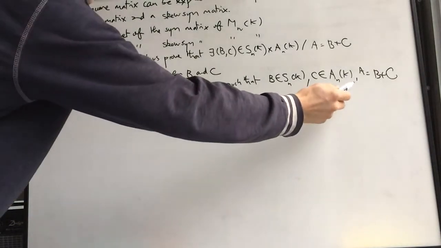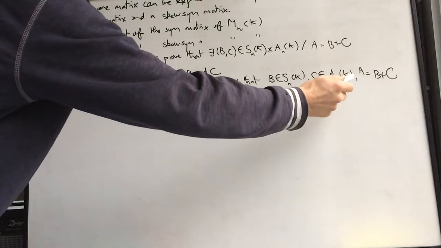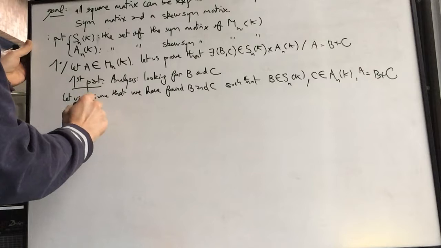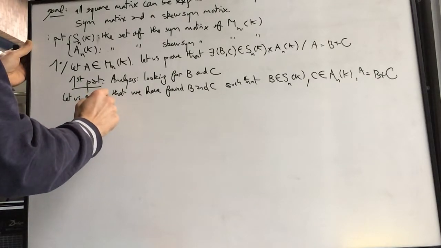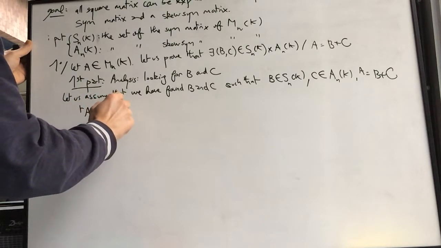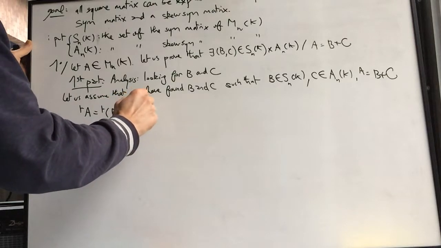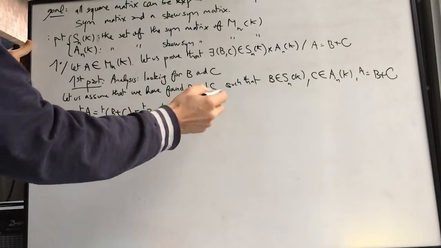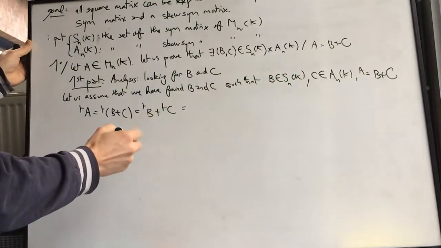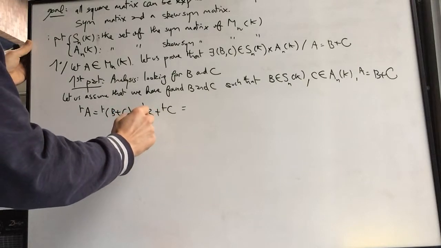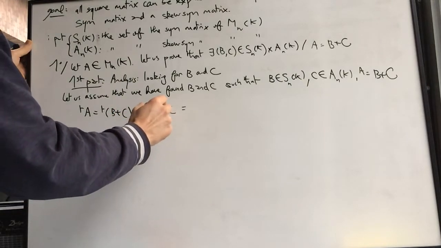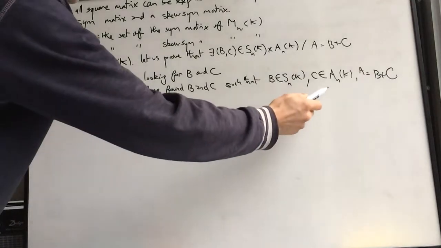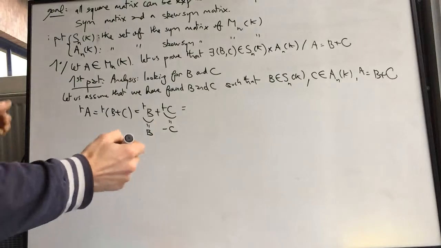So we can calculate the transpose matrix of A. Transpose matrix of A is the transpose of B plus C, so is equal to transpose of B plus transpose of C. And as B belongs to S sub n of k, B is a symmetric matrix, so transpose of B is equal to B, transpose of C is equal to minus C, because C is a skew symmetric matrix.